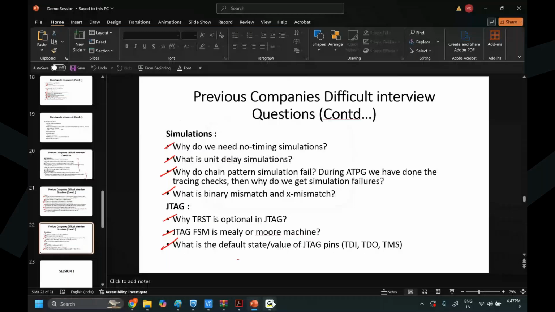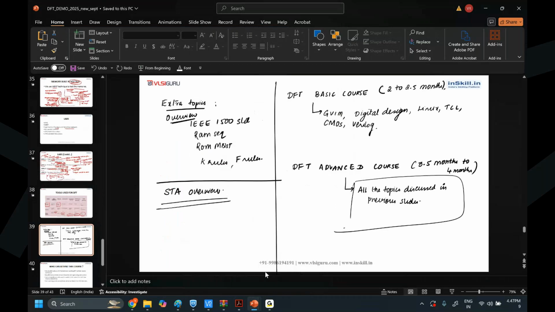By doing this, you will be able to get an idea about what kind of application oriented interview questions you can expect in the interviews, and how to tackle them. If you get a similar kind of question in the interview, you'll have the knowledge of how to tackle it. Okay.